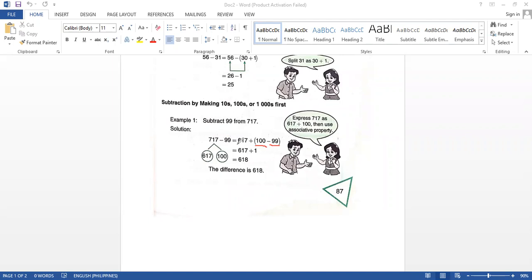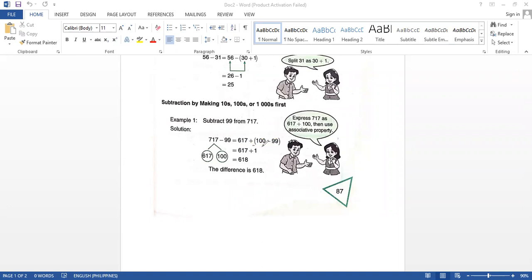Okay, so 617 plus 100 minus 99. If we're going to subtract, we subtract the numbers first in the parentheses, before we add.